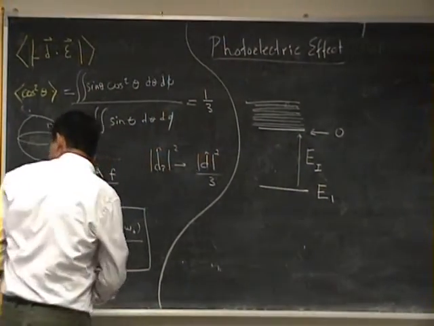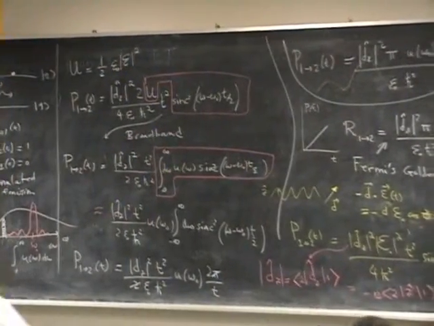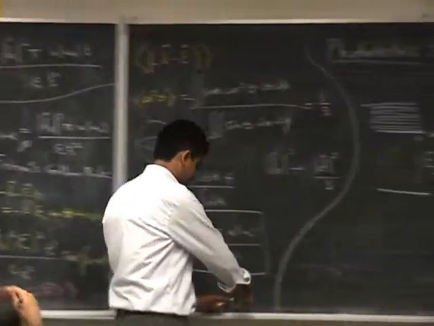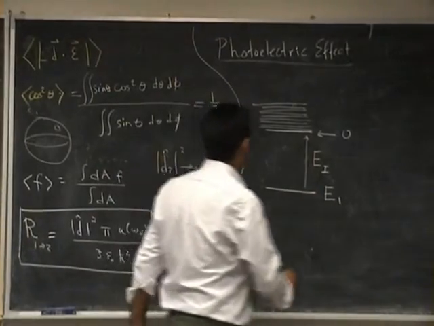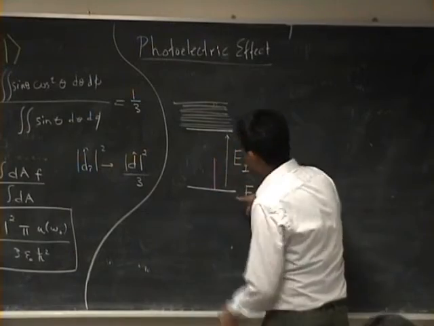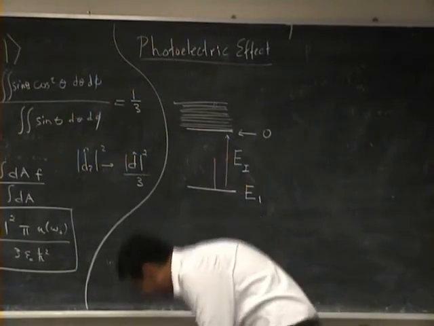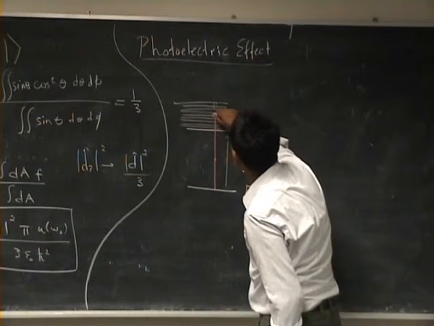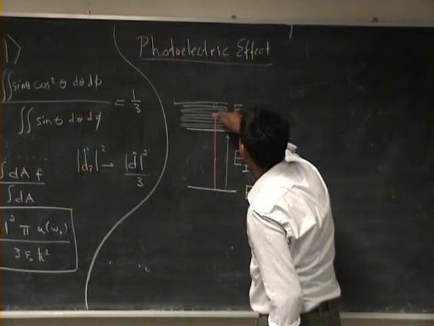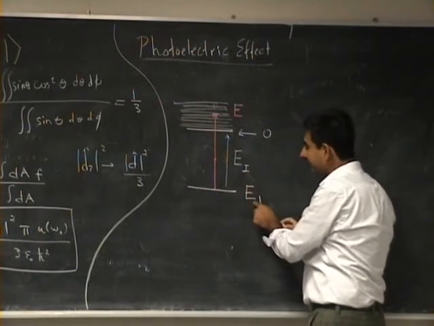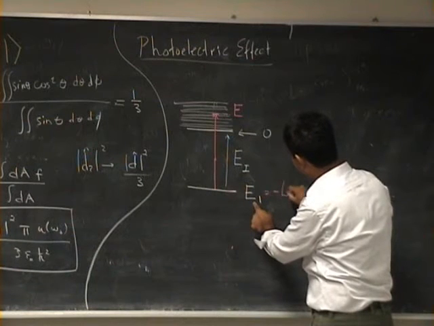Suppose light of a certain frequency comes in, and I would like to make a transition from this initial energy level to this final energy E. Here the energy is 0, and the energy of the initial level is minus EI.